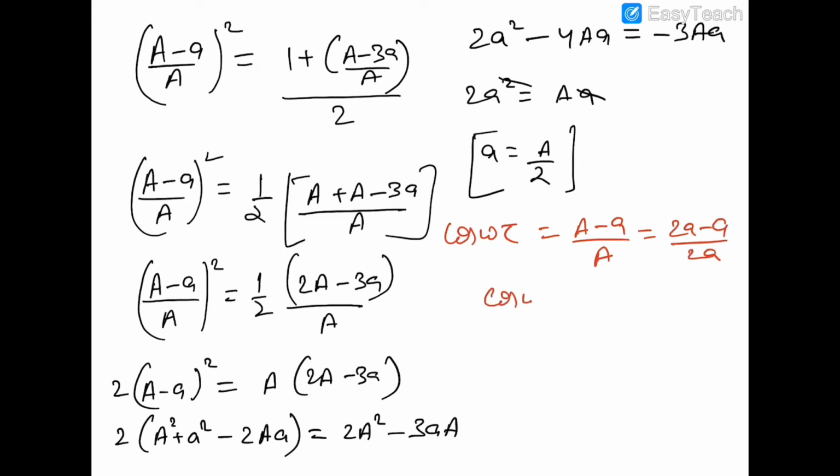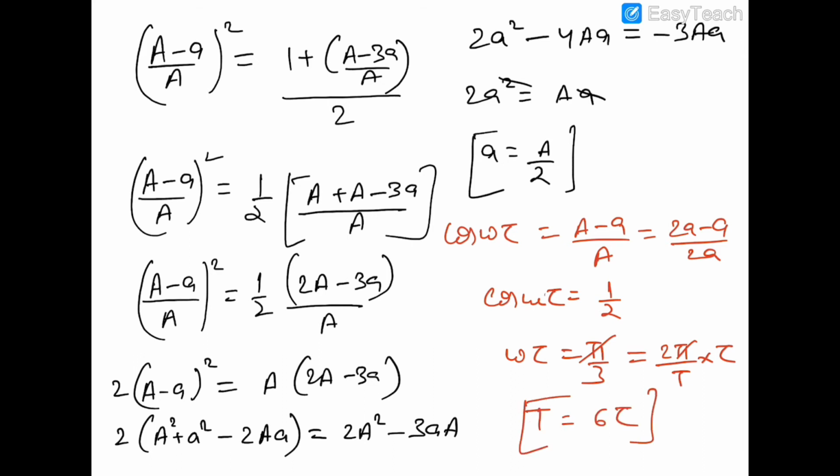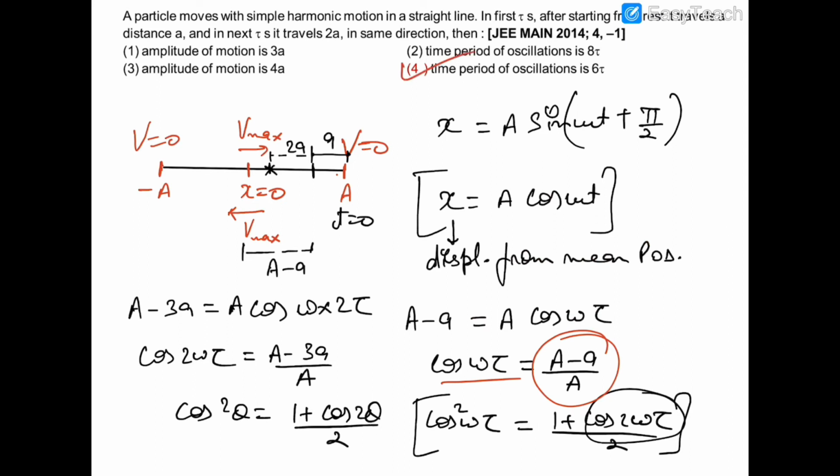So cos omega tau is equal to 1 by 2. Now we know that when cos theta is half, then theta is equal to pi by 3, and omega is 2 pi by T into tau. So cancelling pi with pi, T is equal to 6 tau. So the correct answer for the time period would be the fourth option.